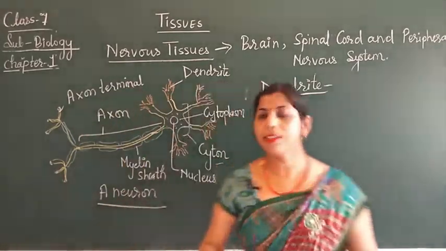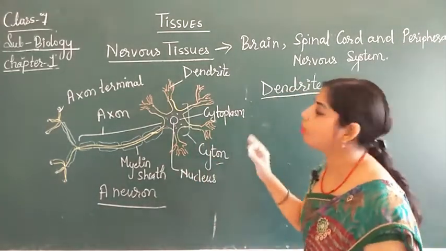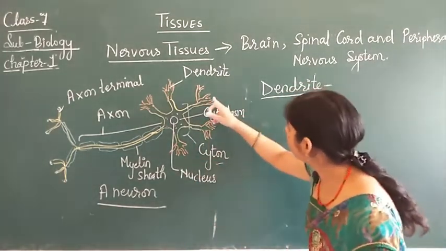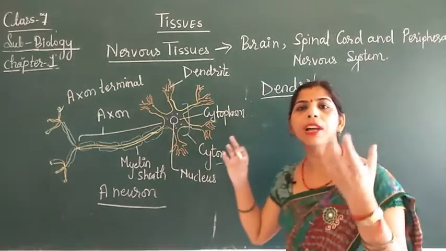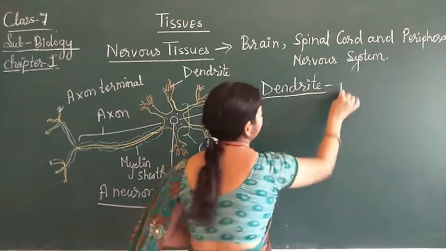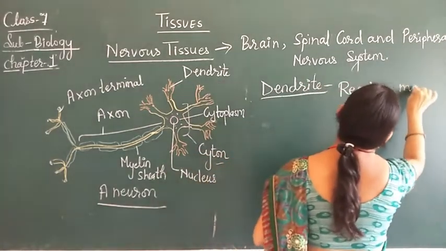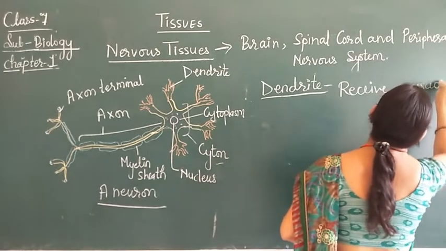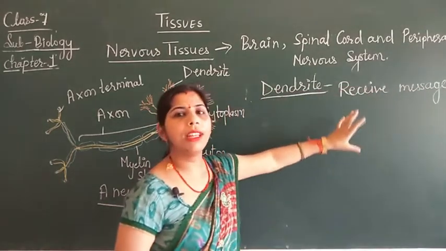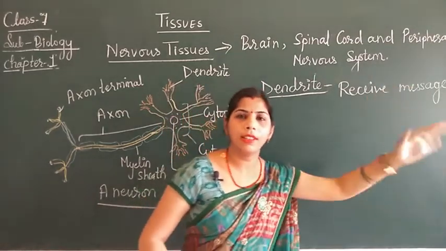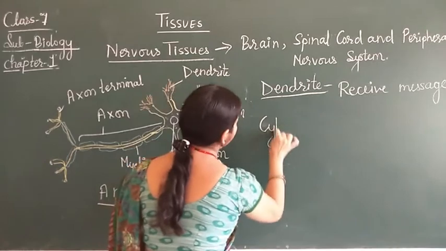That means millions of neurons are there in our body, and when one neuron sends a message, the dendrites of this neuron receive the message. As this neuron receives the message from another neuron's axon terminal, that message is passed to the cyton.